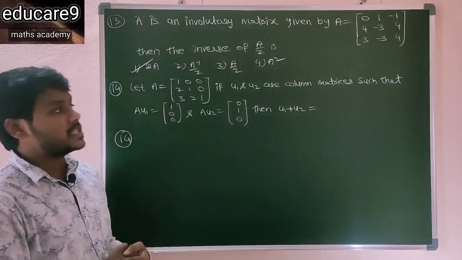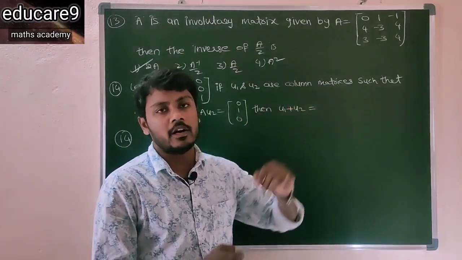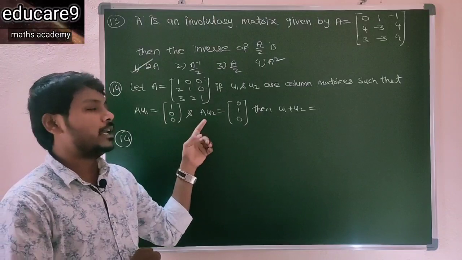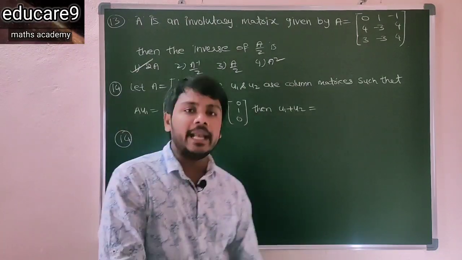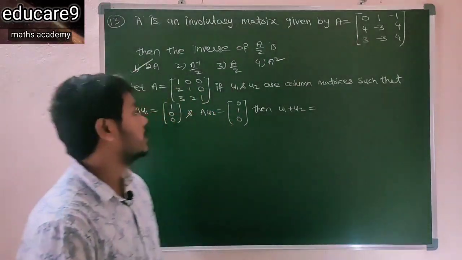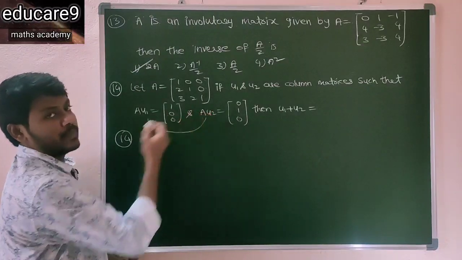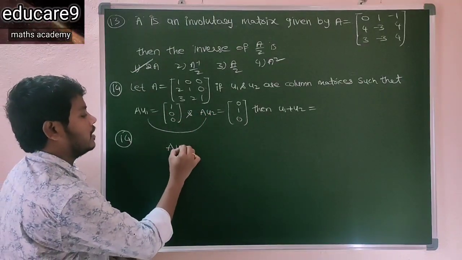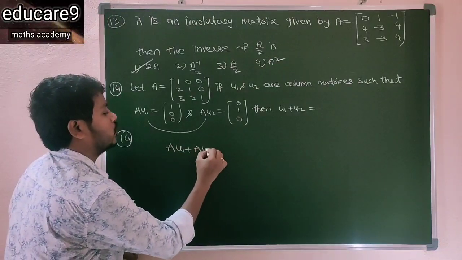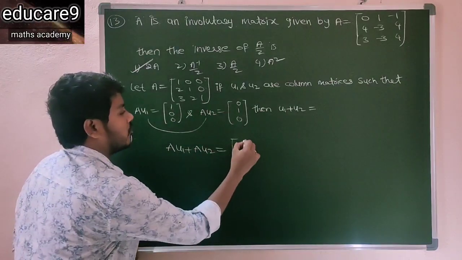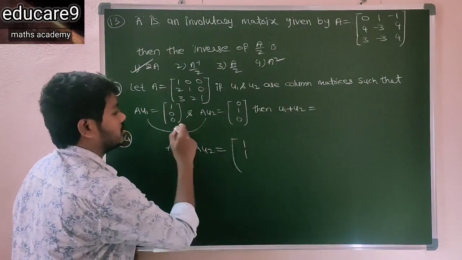So next one, 14th one. Matrix A is given and U1, U2 are column matrices such that A U1 and A U2 are given. Then find U1 plus U2. So here add these two matrices. So what do you get? A U1 plus A U2 is equal to [1 plus 0, 1, 0 plus 1, 1, 0].